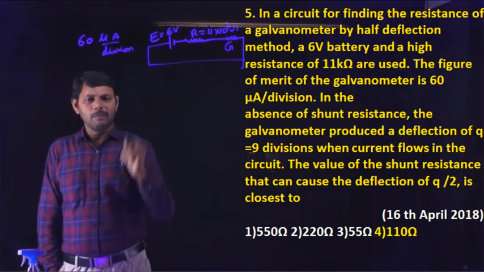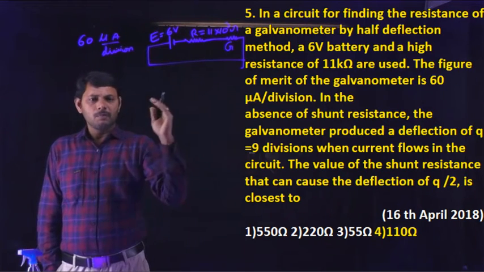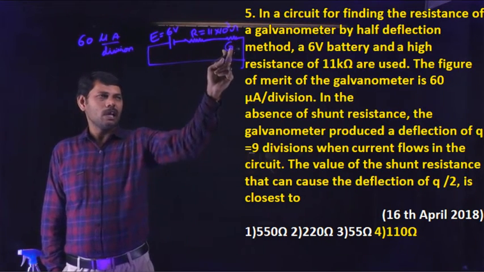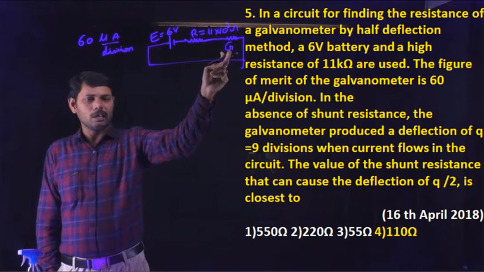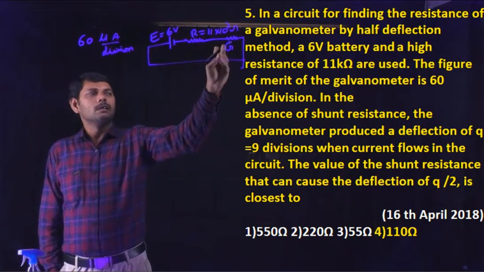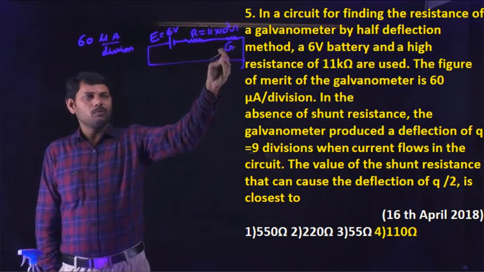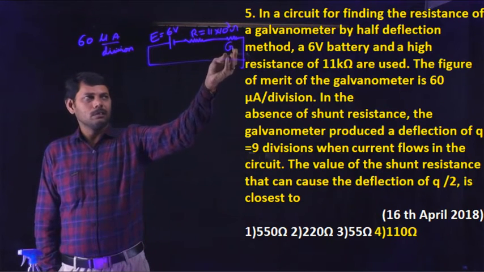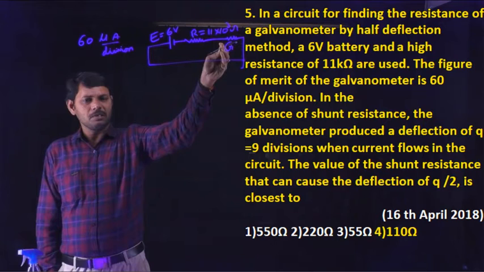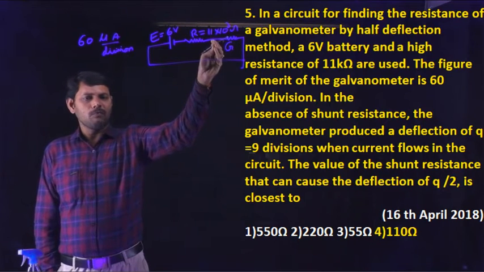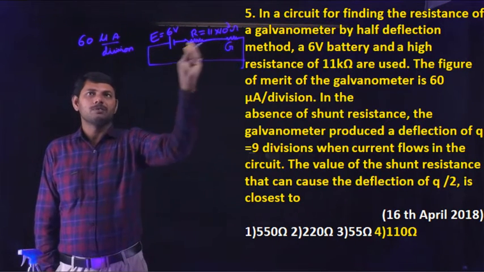That is the figure of merit. In the absence of shunt resistance, as shown in this diagram, there is no shunt resistance. It is simply a galvanometer, not yet converted to an ammeter. So when there is no shunt resistance, the galvanometer produces a deflection of 9 divisions.